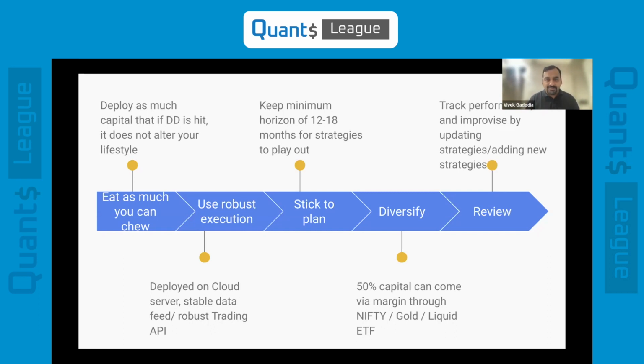Now, how can we also diversify along with using an investments kind of approach and algo? So 50% of the capital can come through margin, which can be via either say Nifty Bees, Gold Bees, or Liquid Bees. Now, depending on what you're comfortable with, if you take Nifty, then obviously it has some more volatility, but the return can be a little higher.